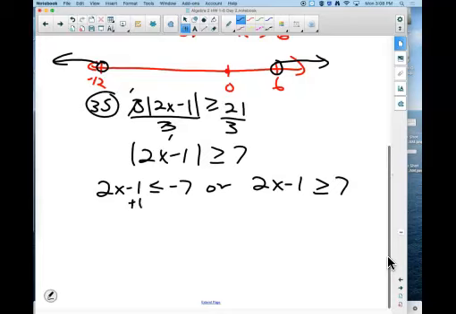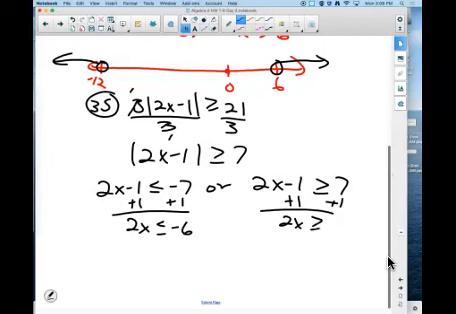So we'll go ahead and add 1 to both sides of each of these equations. And then we'll divide by 2. And because that's a positive 2, there'll be no flipping of the signs.